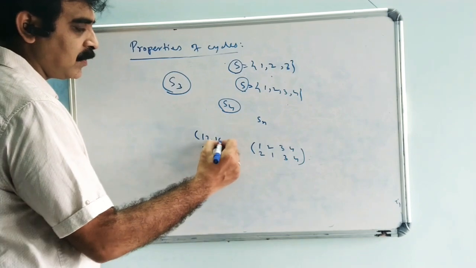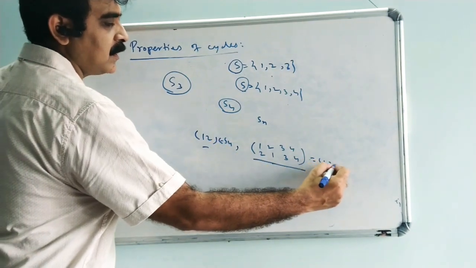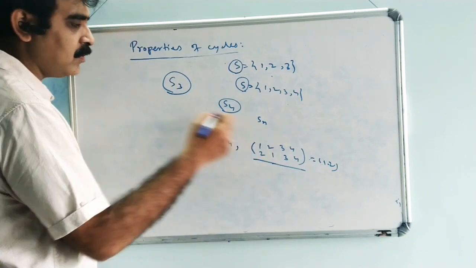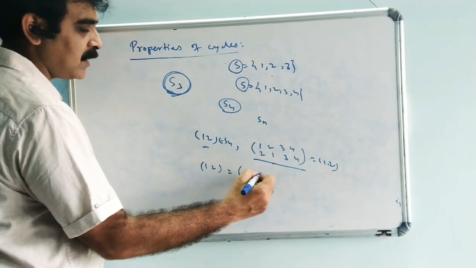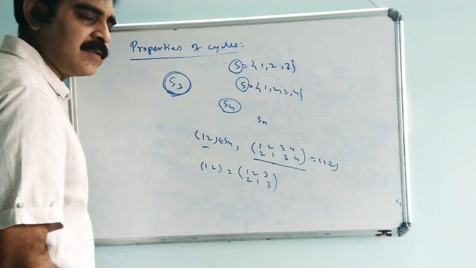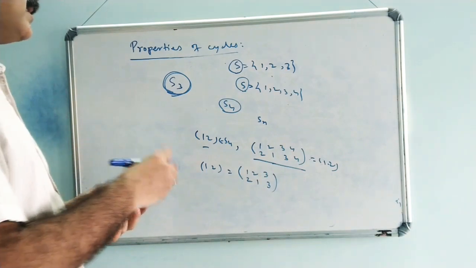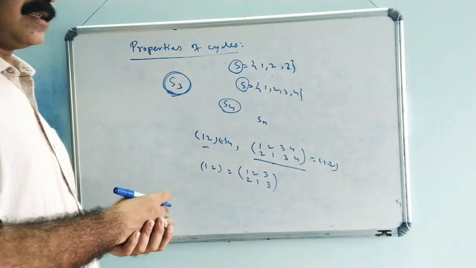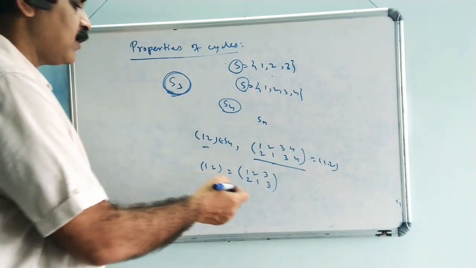If (1 2) belongs to S3, then that (1 2) will be 1 goes to 2, 2 comes to 1, and 3 goes to 3. So we can say about any cycle where it belongs, and then we can say about that cycle.